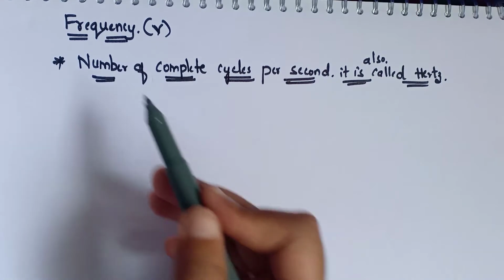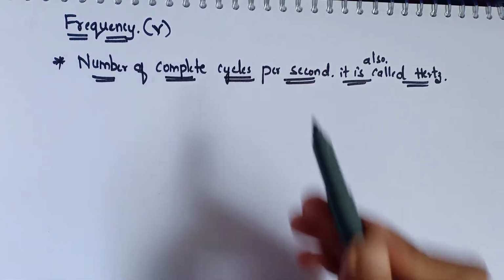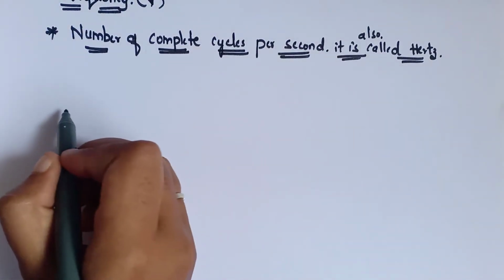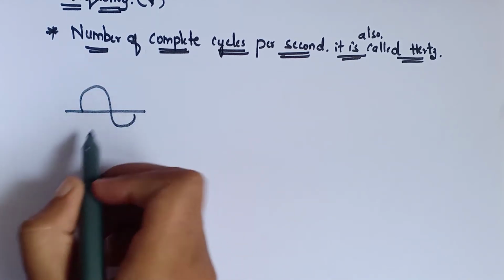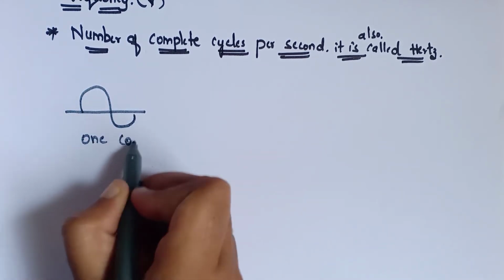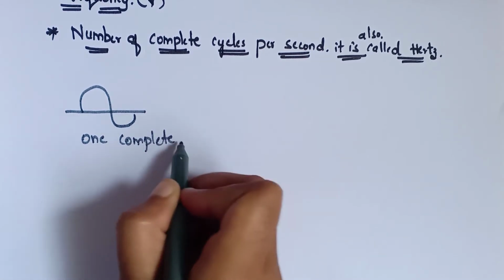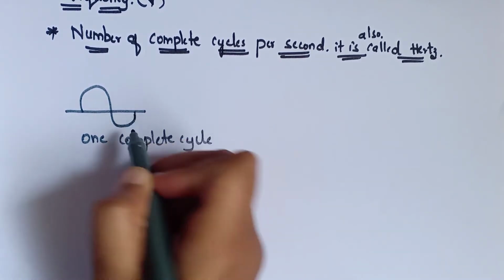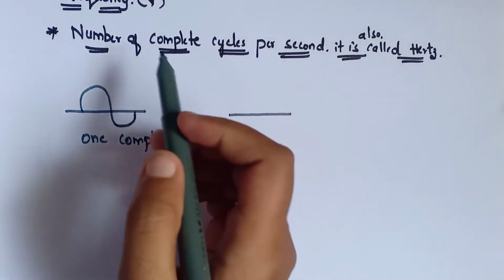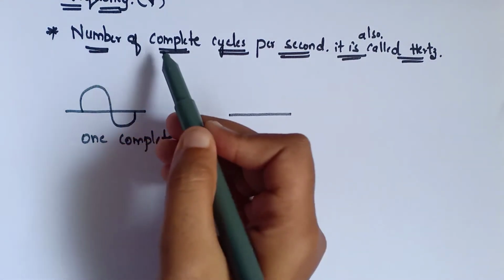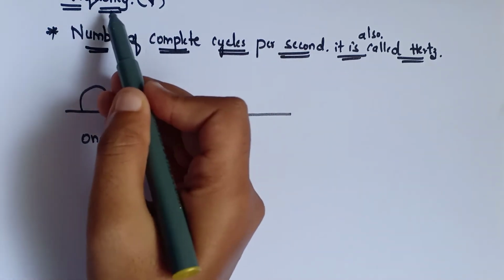Now see this definition. Number of complete cycles per second. Here it is one complete cycle. They said that the number of complete cycles per second is the frequency.